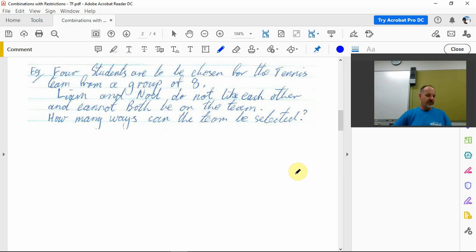All right, so what do we do? What sort of strategy can we use from this? What we could do is look at no restriction, and that'd give us the total possibilities altogether. And what we can then do is minus both in the team.